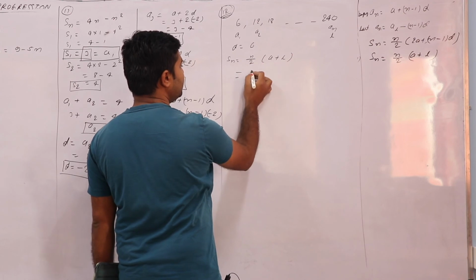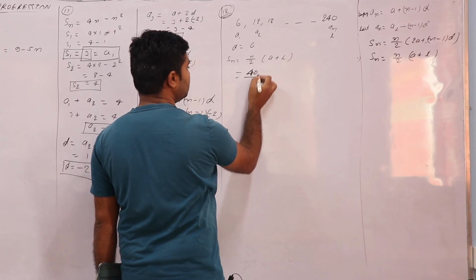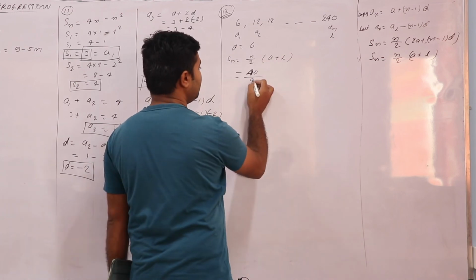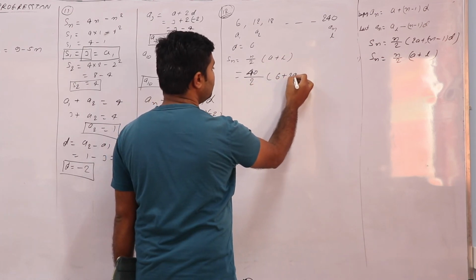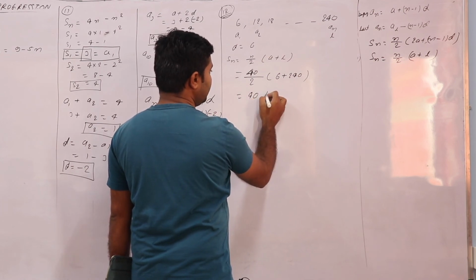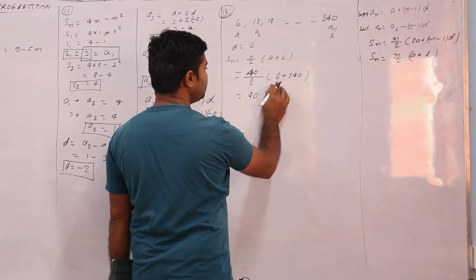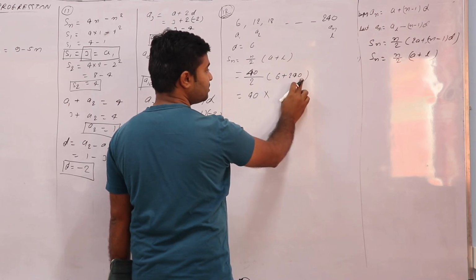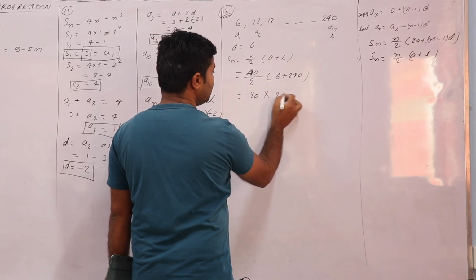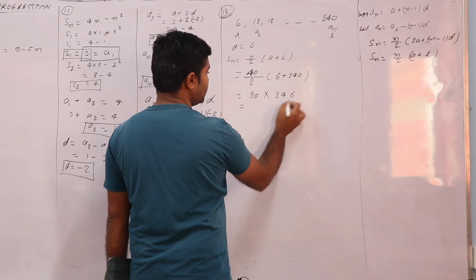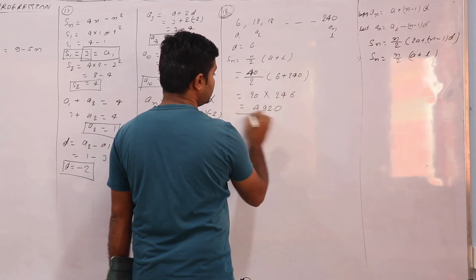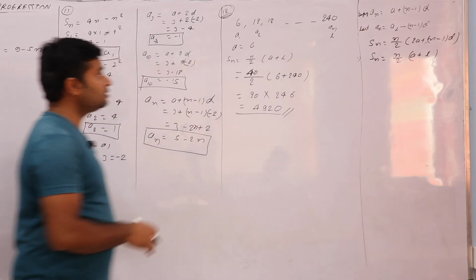So n is equal to 40. 40 by 2 into 6 plus 240. That is 246. Better to make this 20. 20 into 246. 6 2 ja 12, 4 2 ja 8 plus 1 is 9, 2 2 ja 4. This much answer you should get: 4920. Small question, right?